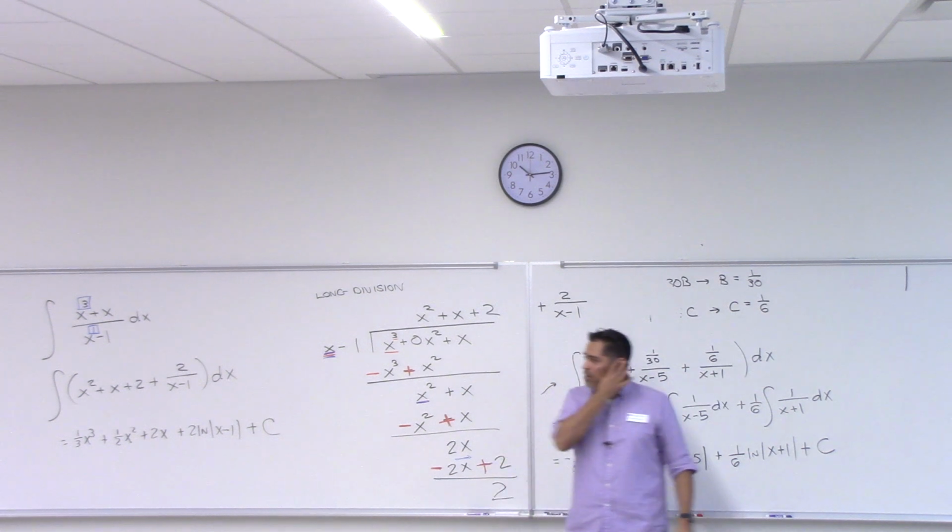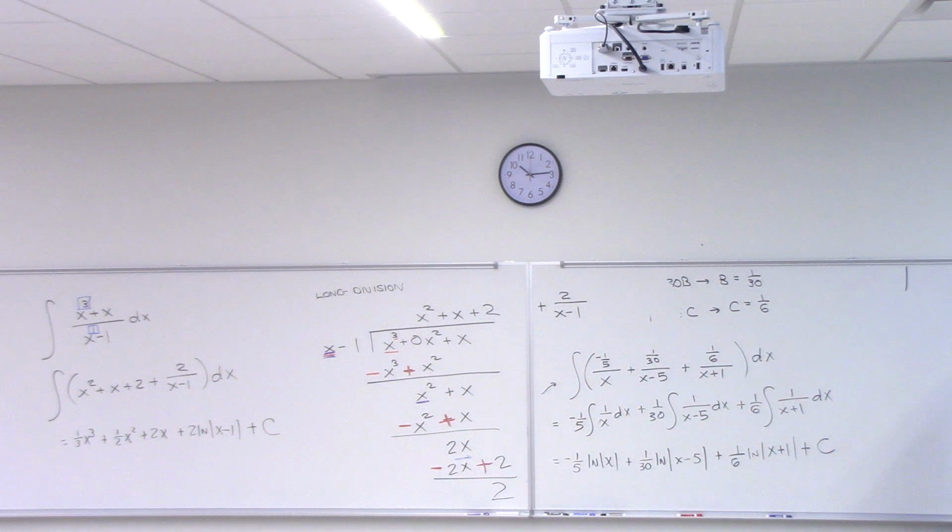So what do I want you to do for homework? I don't even know. We're not done with this section. Why don't you try, yeah, let's look at those two.